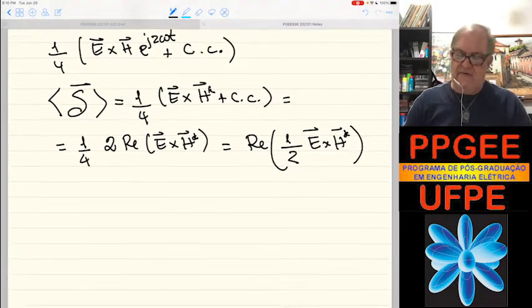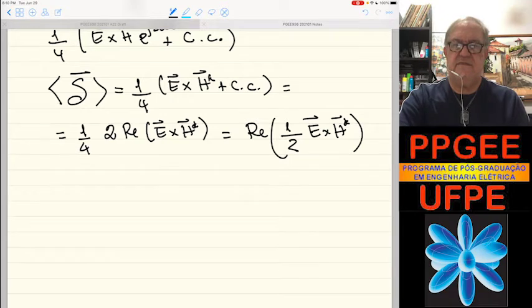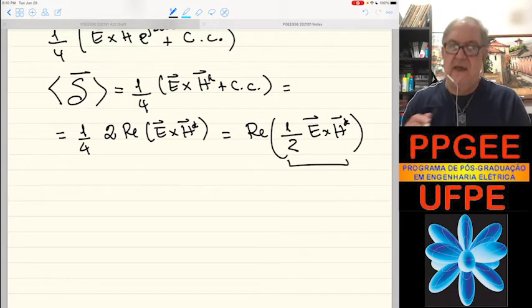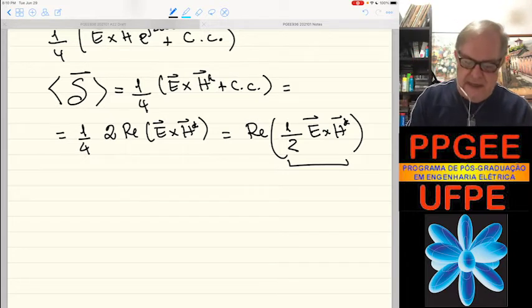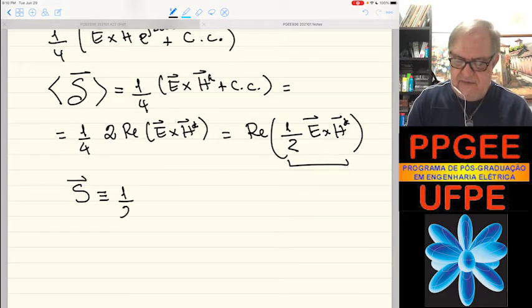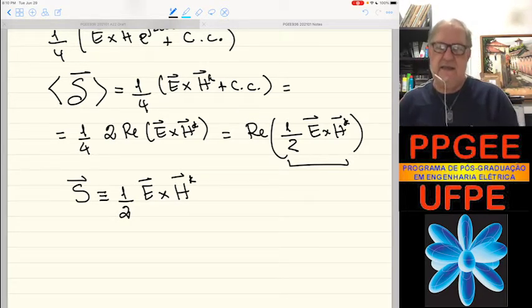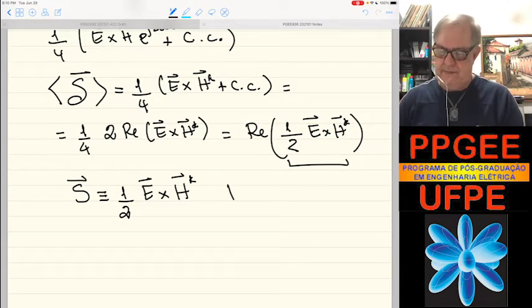Okay, so the average of the Poynting vector is the real part of this quantity here, which we are going to call the complex Poynting vector. By definition, it is 1/2 of E cross H conjugate. Watts per square meter in the SI unit system, right?